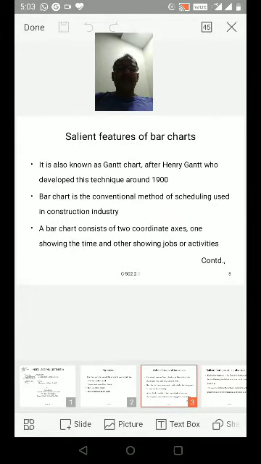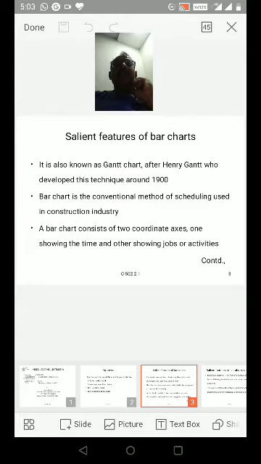Salient features of the bar chart. A bar chart is also known as a pictorial chart.